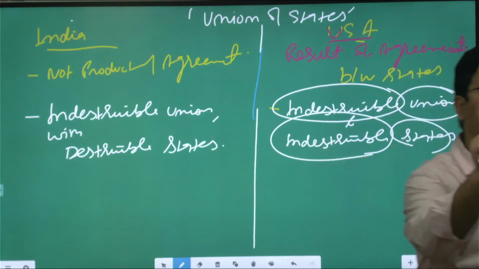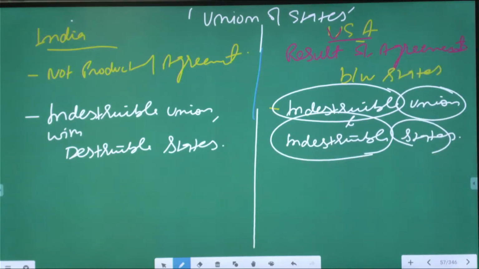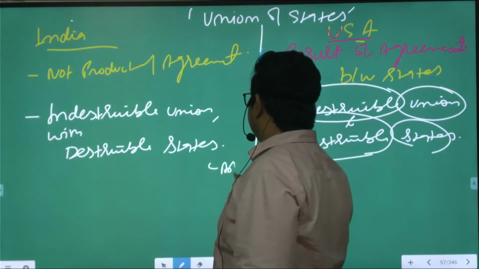It means the states are not allowed to secede from the union. They cannot break away from the union. Khalistan, Nagaland, they cannot break away from the union. But the states can be broken by the union into two or more parts. Article 3 of the constitution.